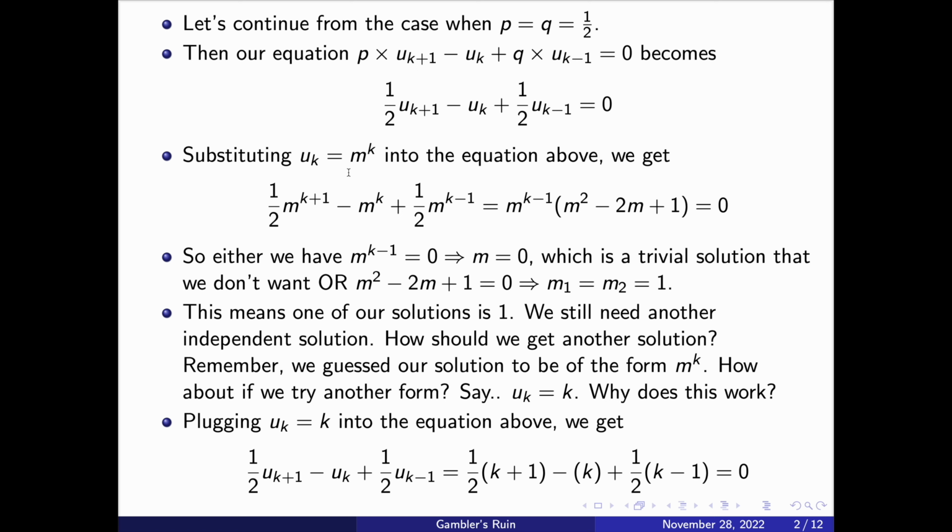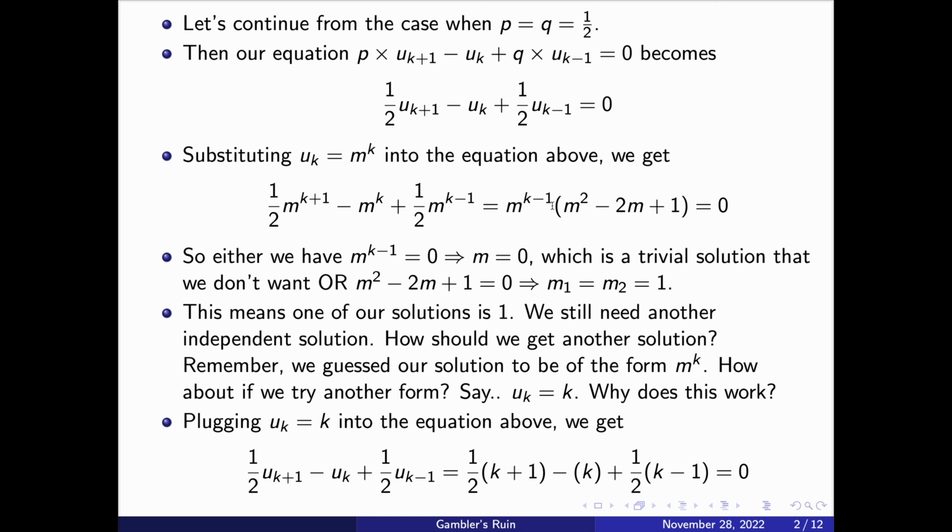We will guess that the solution is of this form, an exponential m raised to the power of k. We substitute this into the equation. Then we get 1/2 times m to the power of k plus 1, minus m to the power of k, plus 1/2 times m to the power of k minus 1.